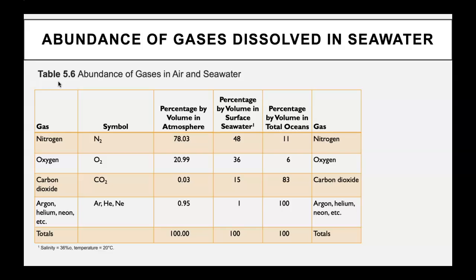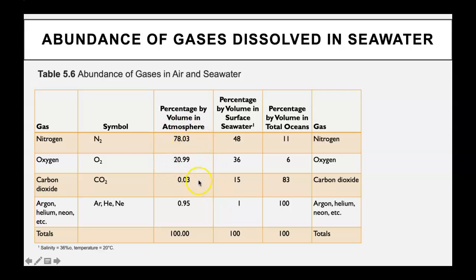There are gases dissolved in seawater. So one of those is nitrogen, another's oxygen, and carbon dioxide. There is also going to be argon, helium, neon, and other trace gases. That brings us up to 100%. The nitrogen and the oxygen are going to be in seawater in a high percentage here, and then some carbon dioxide.